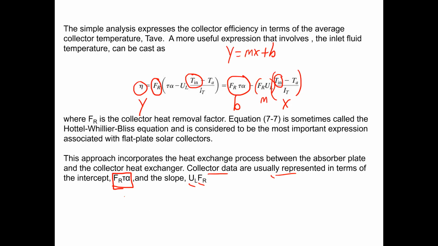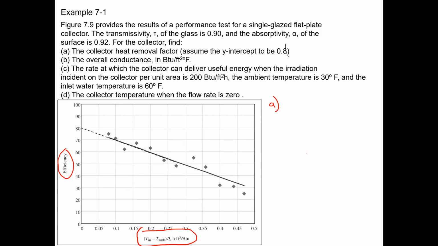If you look back at this equation, the efficiency is equal to this intercept, F, which is the heat removal factor, times transmissivity times absorptivity. The problem statement gives us that the intercept is equal to 0.8.